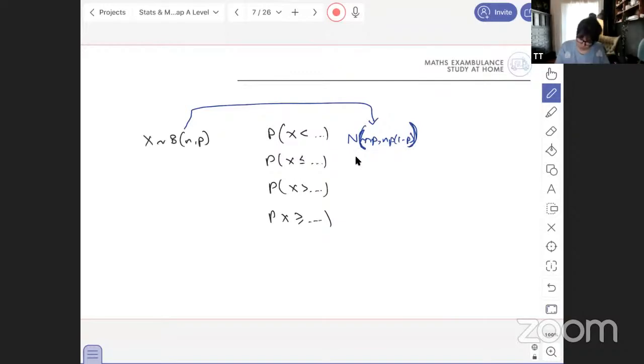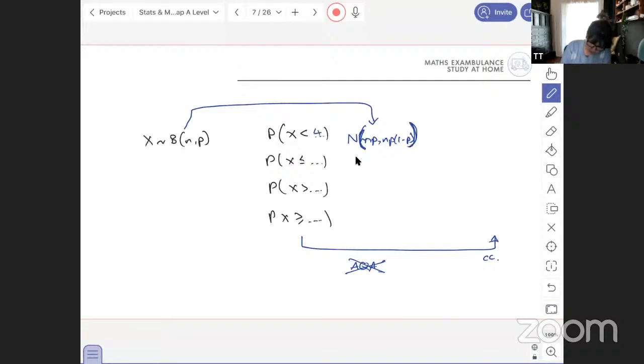And then we also change the actual probability, but not AQA. This is for Edexcel and OCR only. You change it using the continuity correction. But if you draw the line that I said to draw for the binomial, it's easy peasy.